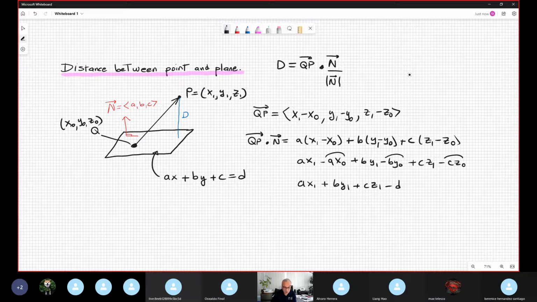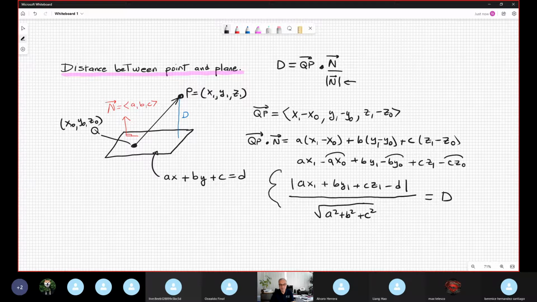Just in case, I put the absolute value. And finally divided by the magnitude of N, where the magnitude of N is the square root of A squared plus B squared plus C squared. End of the story. This is the formula for D, the distance between a point and a plane.